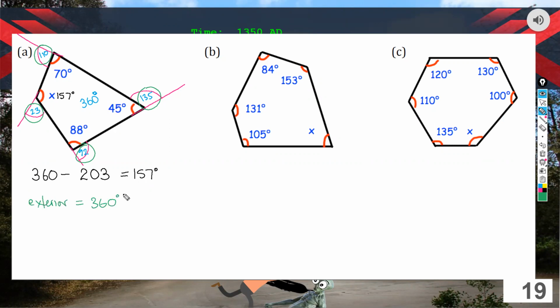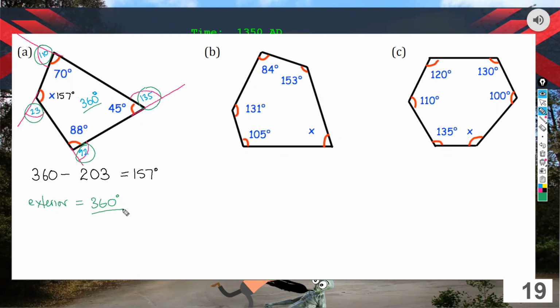I think I showed you last week that exterior angles always add up to 360, but I want to do it a few times so it sticks in your head. So the interior angles for a quadrilateral add up to 360, but the exterior angles also add up to what? 360.